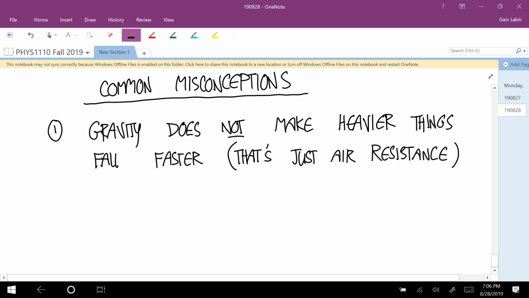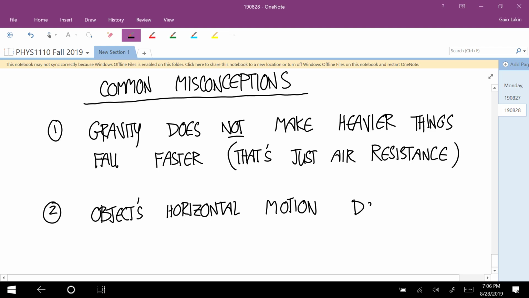The second common misconception is that an object's horizontal motion does not affect gravity's ability to pull it down.